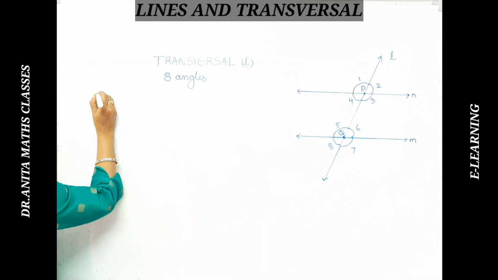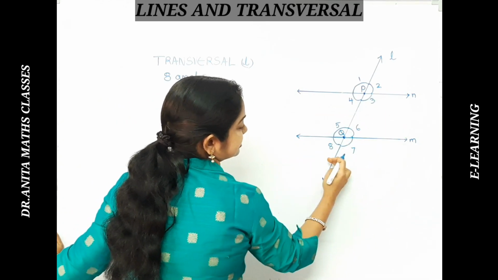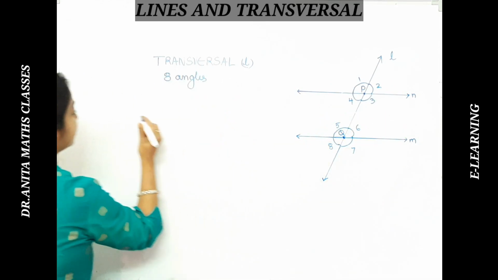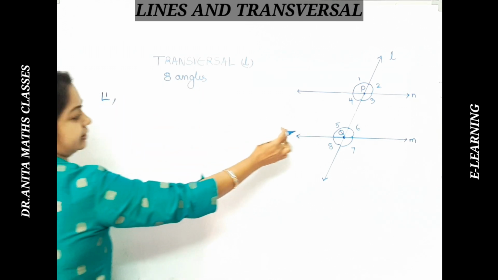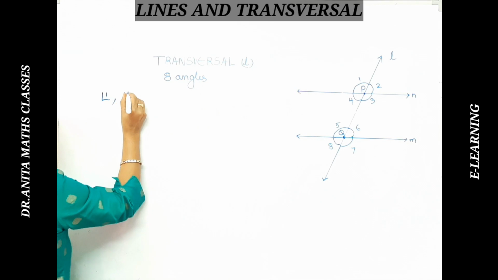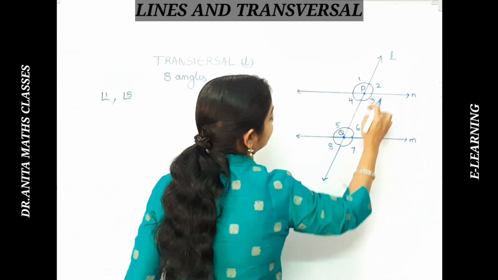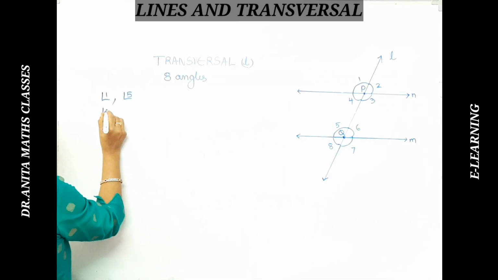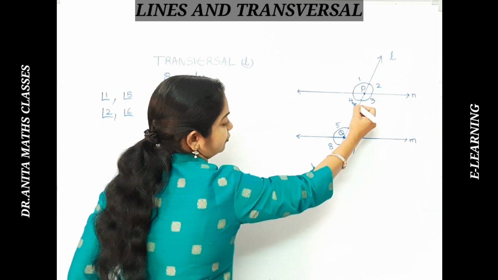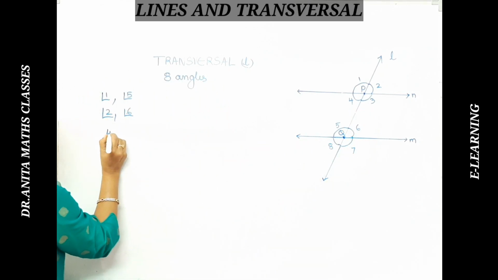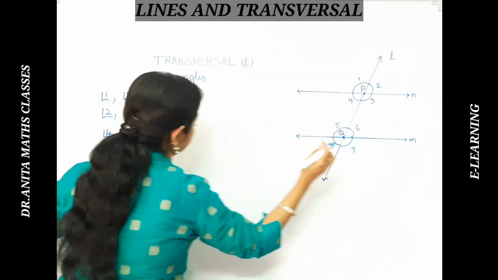Now if you see all these 8 angles, take angle 1 and angle 5, and another pair, angle 2 and angle 6, and another pair, angle 4 and angle 8, and angle 3 and angle 7.